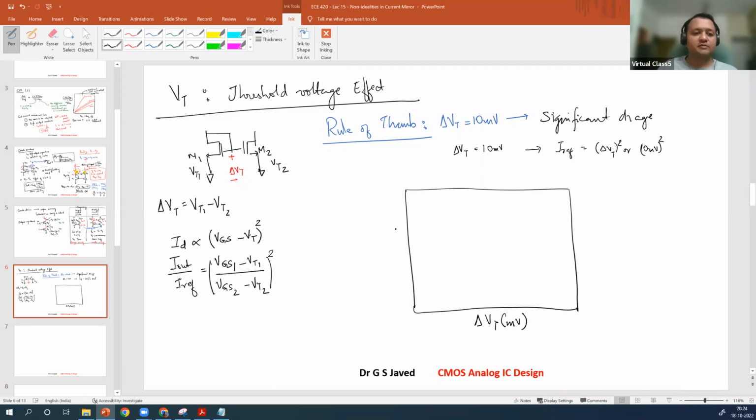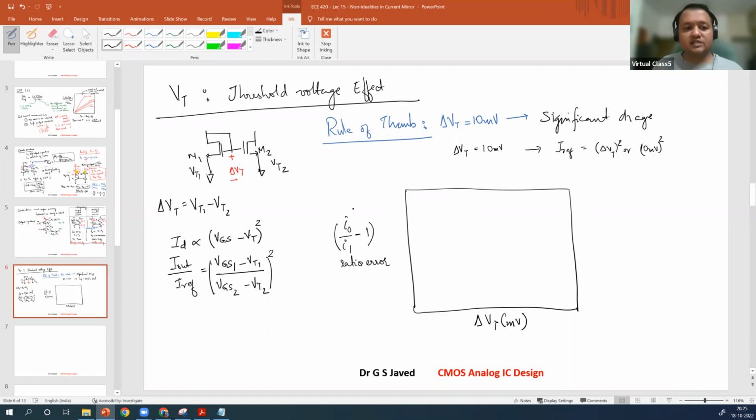Now what will happen in this case? You're going to have a change in the ratio. What ratio are we looking at? The ratio of the output to the input currents minus 1, that is, I0 minus I1 divided by I1. This is the current ratio error.